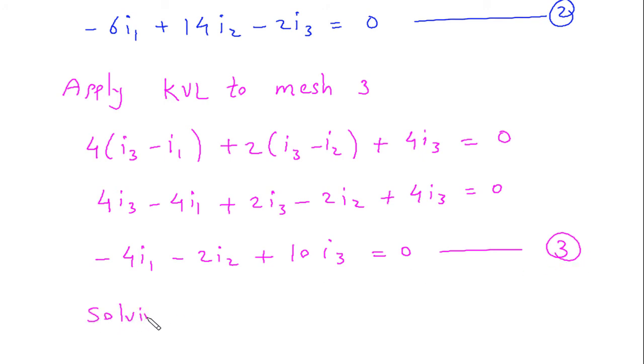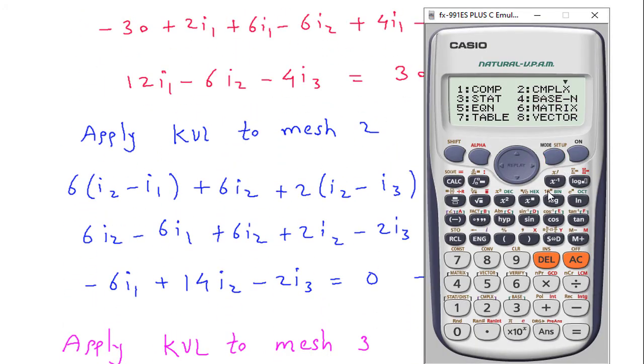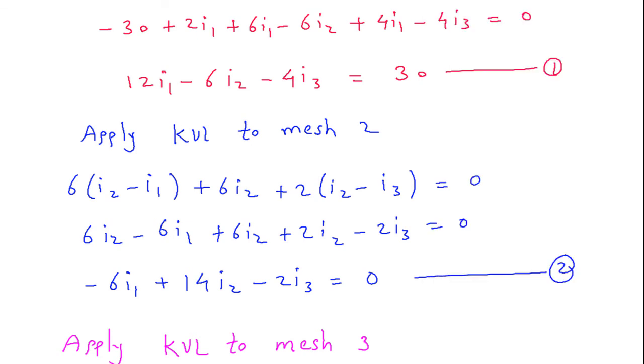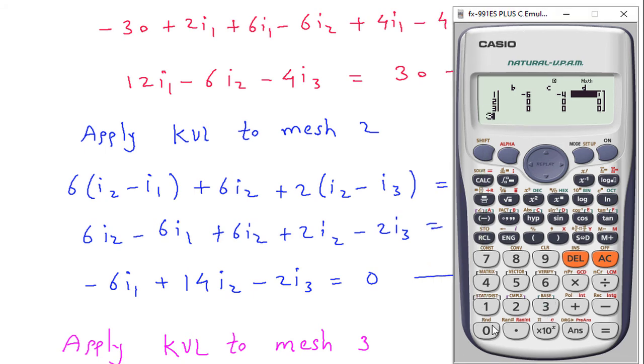Now solving equation 1, 2 and 3, we can solve this using calculator. Mode 5. There are 3 unknowns. So equation number 1: 12, minus 6, minus 4, and 30.